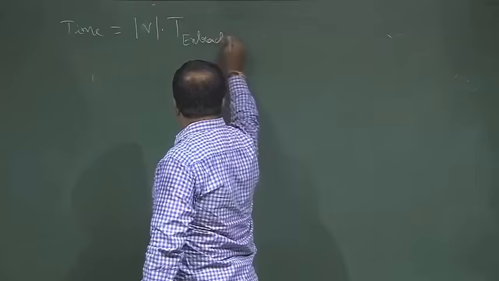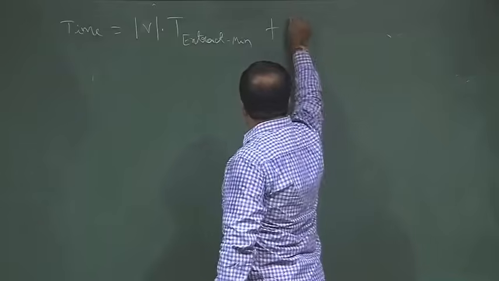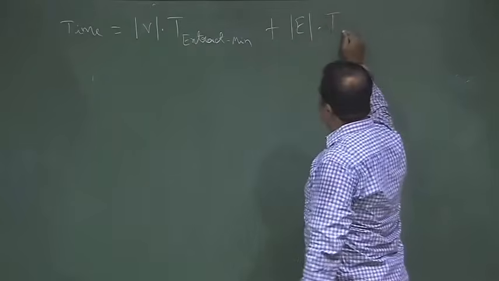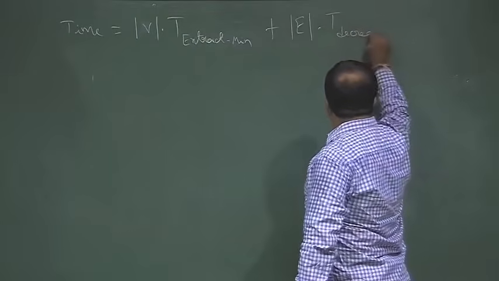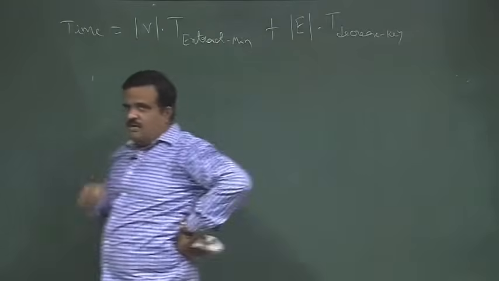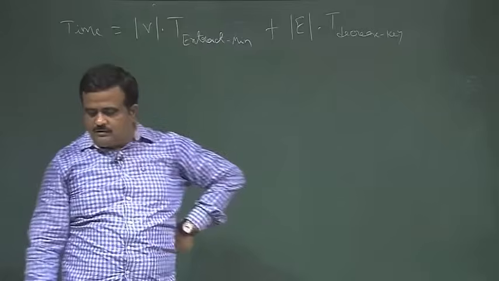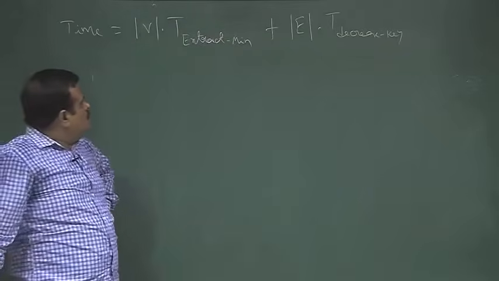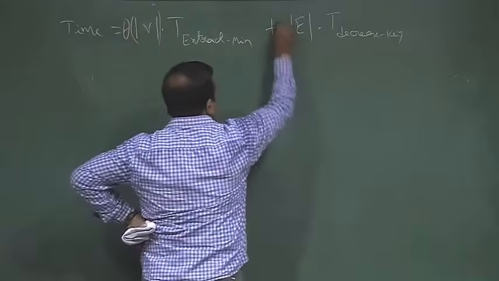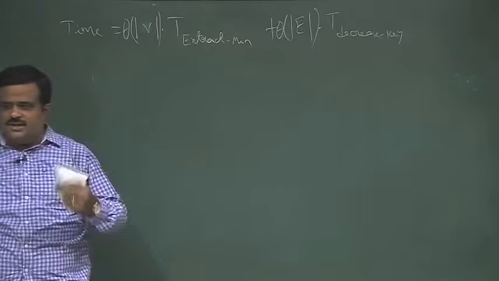It depends how we extract the min, plus E times the time for the decrease key operation, because we are decreasing the key value of a node. So, we have to go to that particular node and decrease it. We must write this in order form. So, this is the time complexity for Prim's algorithm in general.